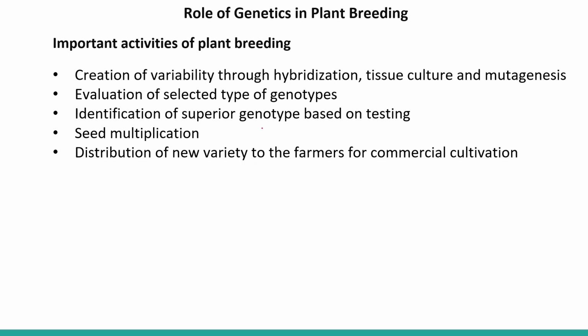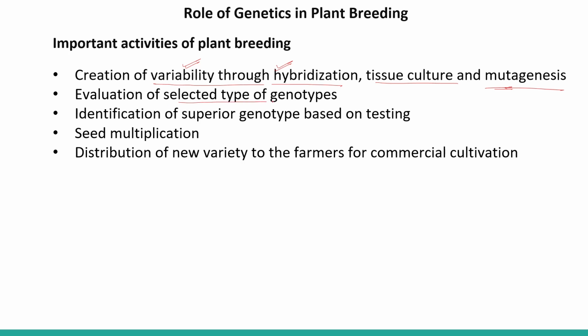Important activities of plant breeding: creation of variability through hybridization, tissue culture, and mutagenesis. So these three variability techniques we have adapted for plant breeding: hybridization, tissue culture, and mutagenesis. So we can have variability in the genetic composition of any plant we have taken into account.